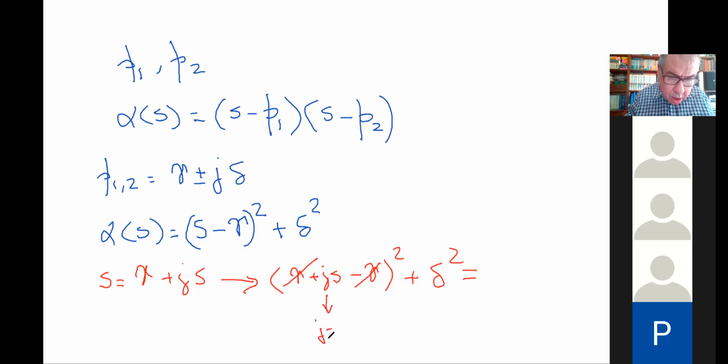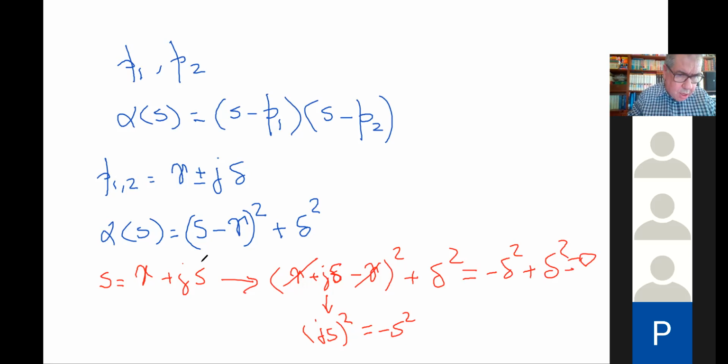So this cancels with this, and you get (j delta) squared. What is j squared? Minus 1. So you get minus delta squared plus delta squared, which is 0, okay?